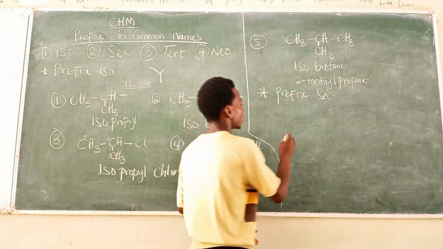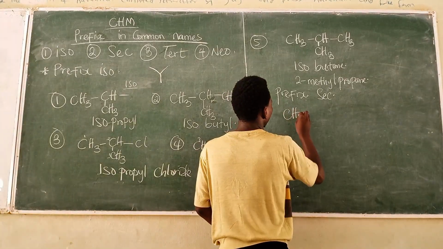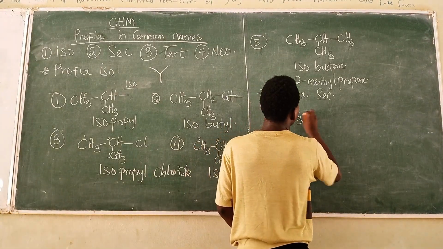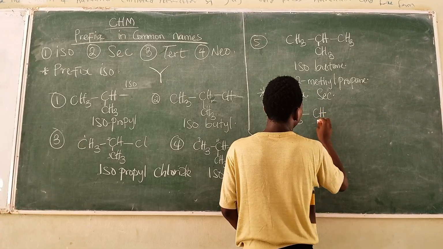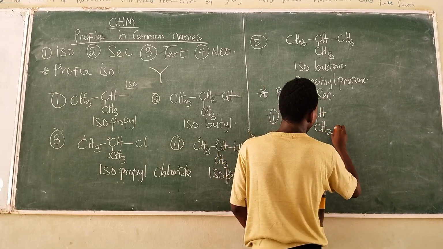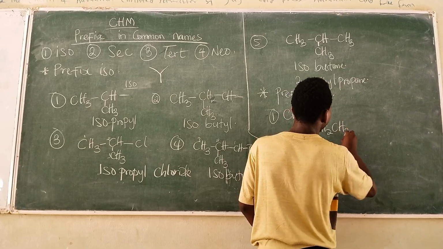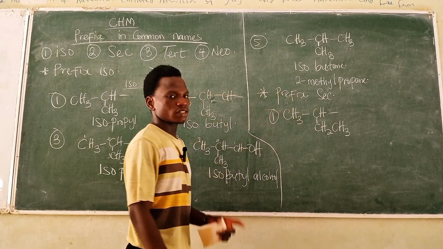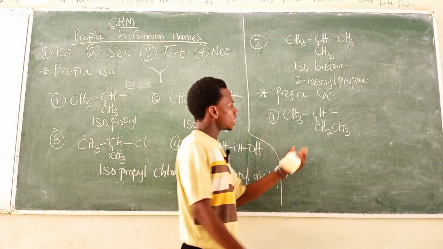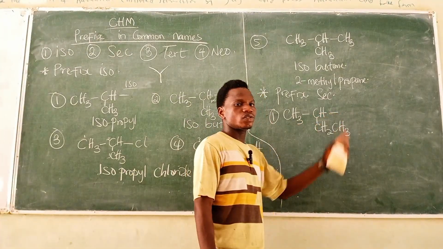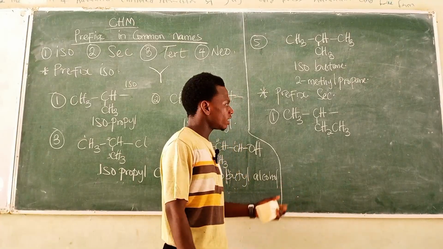Now, let's look at some examples. Let's call this example 1. On the second to the last carbon, let's say we have an ethyl bonding to it. You can see that this is the second to the last carbon atom that is connecting to the parent chain of the organic compound.